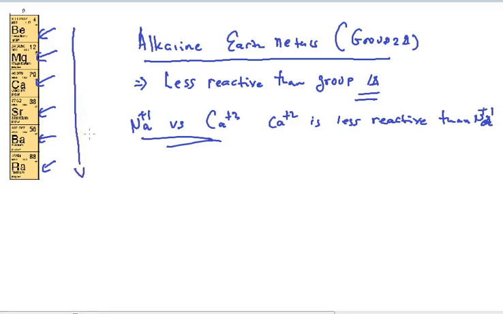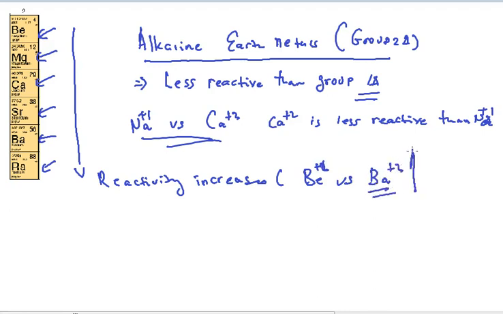So as you go down the group, reactivity increases. So if you compare beryllium versus barium, barium is more reactive than beryllium.